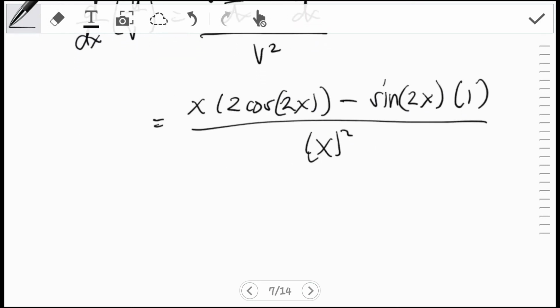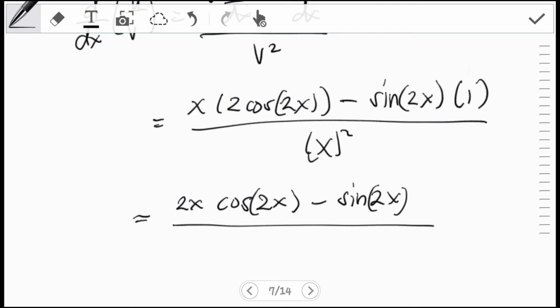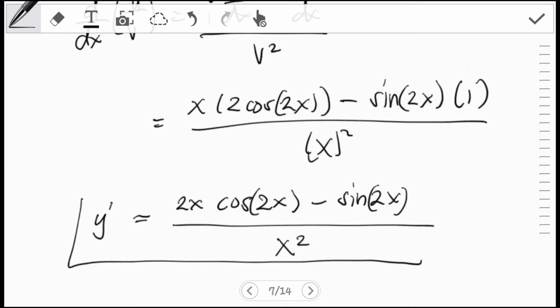So simplify. So 2x cosine 2x minus sine 2x over x squared. So that is the equivalent final answer. Y prime is equals to the 2x cosine 2x minus sine 2x over x squared.